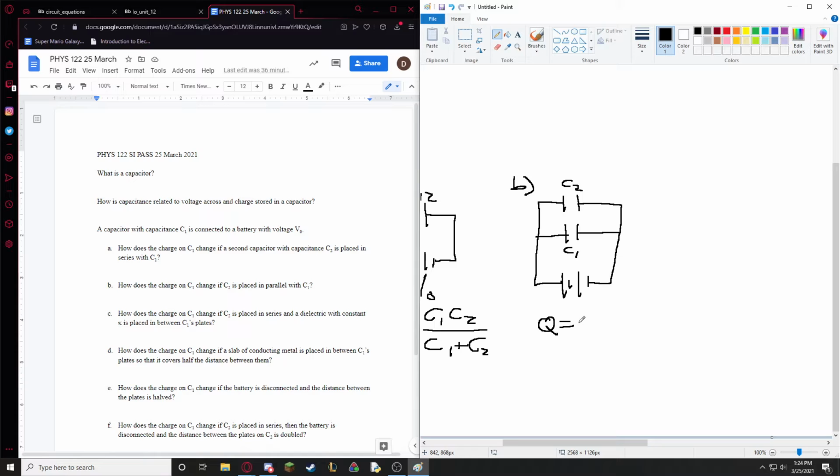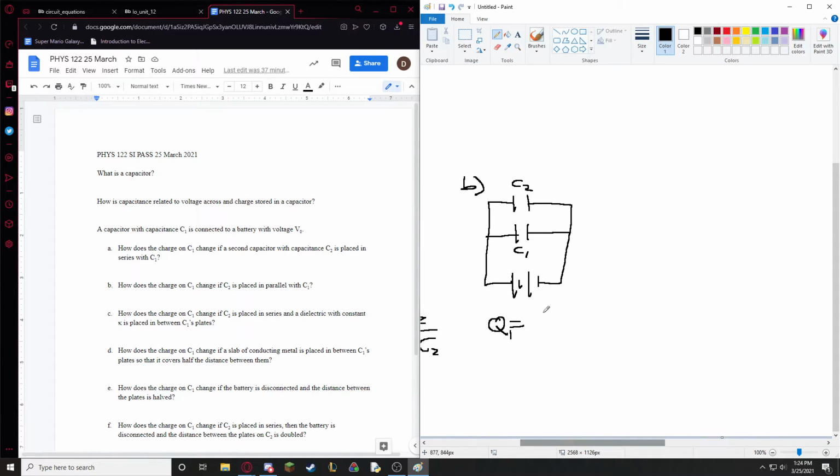No. Exactly. Remember, we only care about the charge on C1, right? Yeah. And we know the voltage drop across C1, which is V naught, and we just multiply by the capacitance of C1. So the charge is just the capacitance of C1 times V naught.